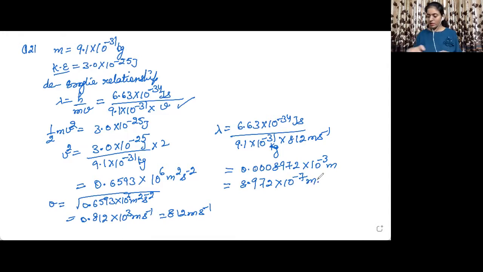All right, let us now move to question number 22 and see what the statement is and what we need to find out. Question number 22 is: which of the following are isoelectronic species? Isoelectronic species means the species which have the same number of electrons.